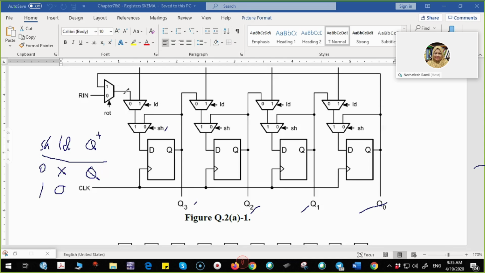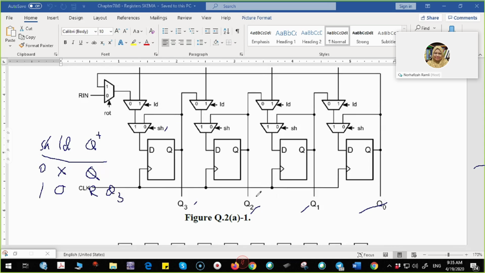If the load is 0, where is it? What does it take? Q0 will take from R in. The second one, Q2, will take from Q3, right?